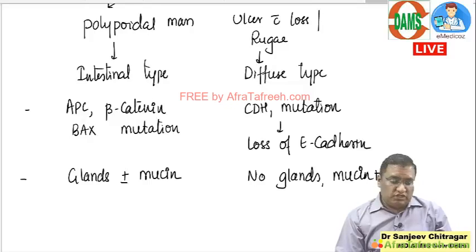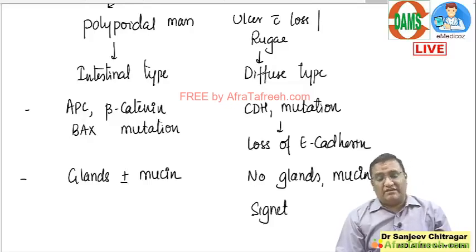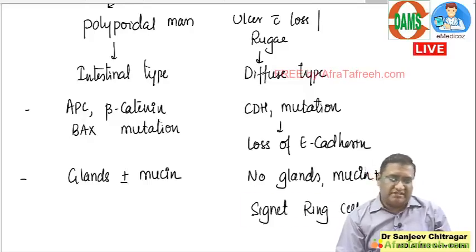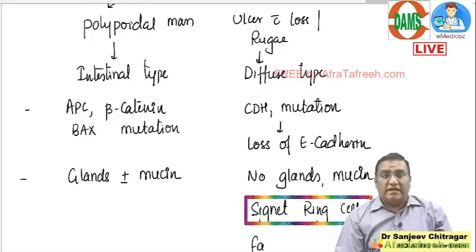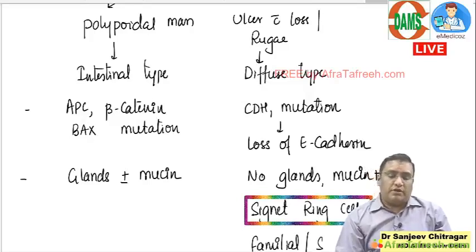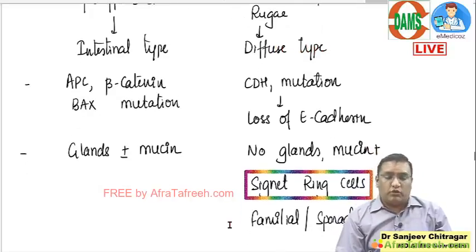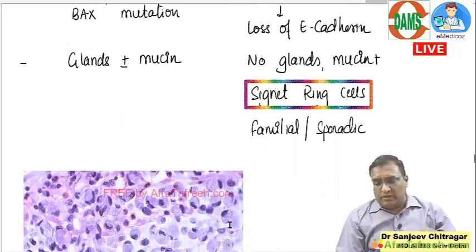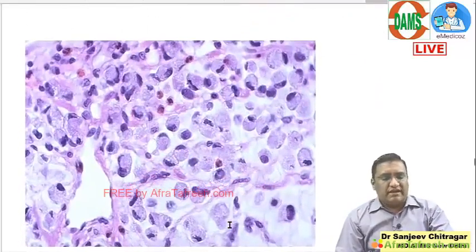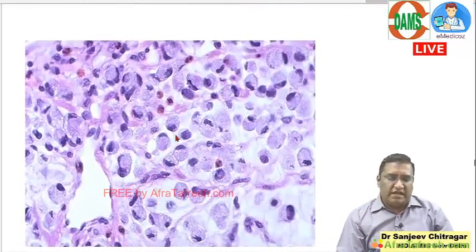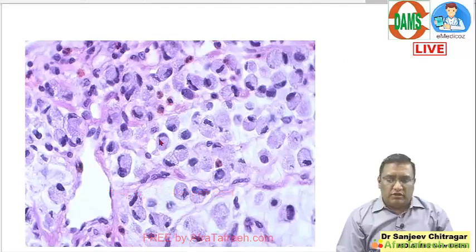You will see mucin, yes, but you will see signet ring cells. This can be familial or sporadic CDH1 mutation. This is how signet ring cells will appear: they will have multiple vacuoles inside the cell.